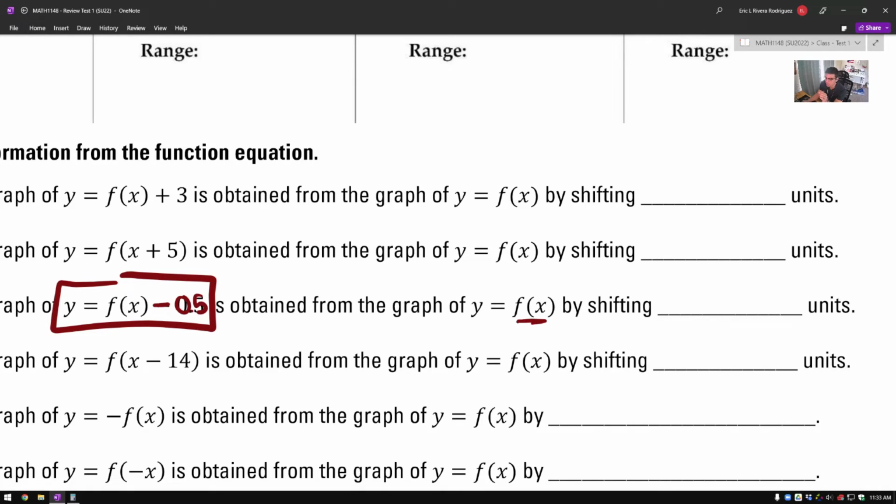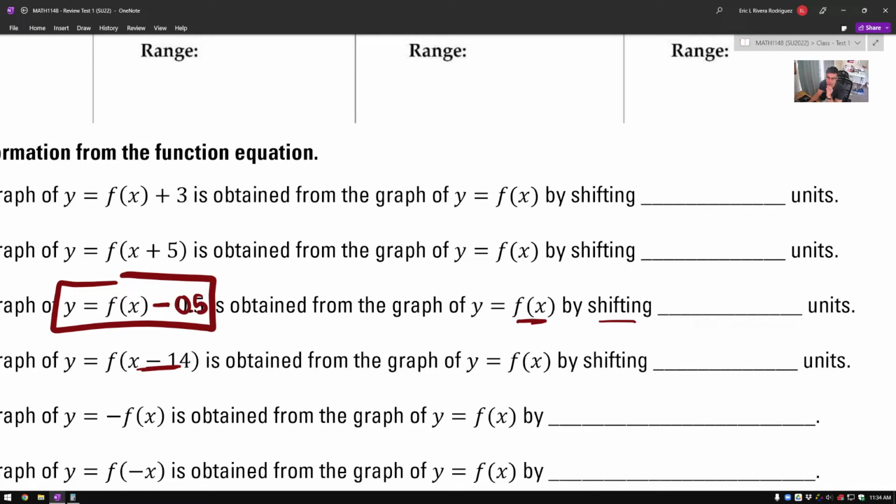Do we go vertical or horizontal? Is that a vertical or horizontal shift? Horizontal would be if the subtraction goes in the input group, like this one.